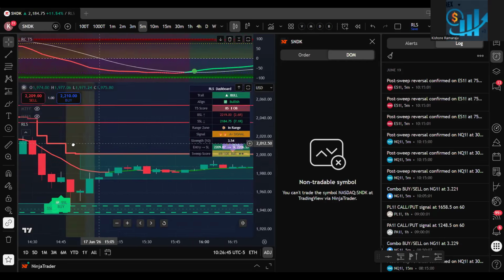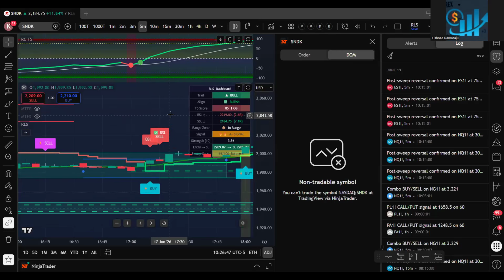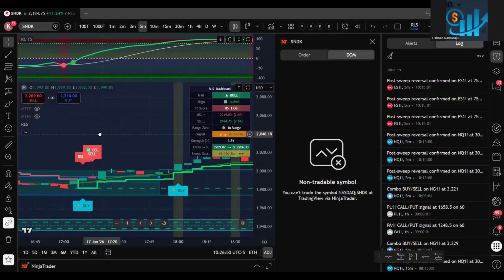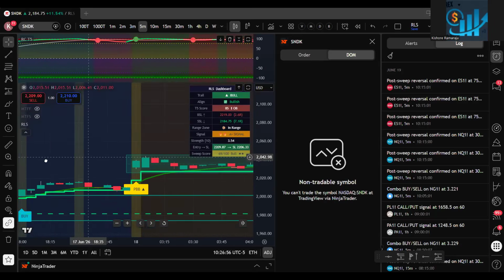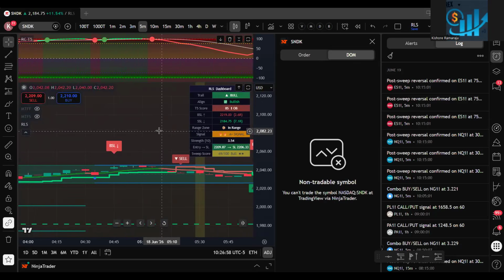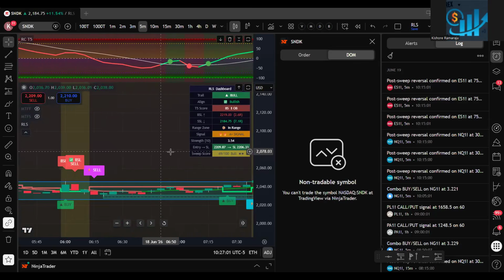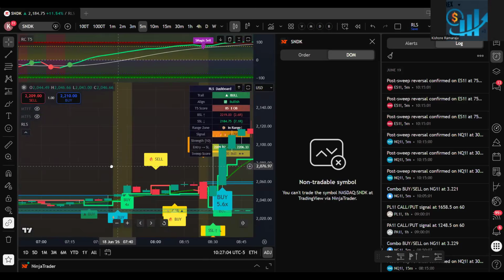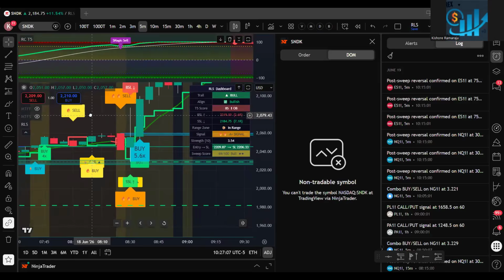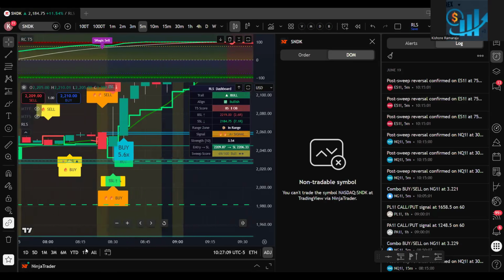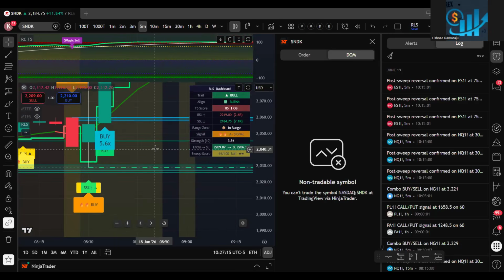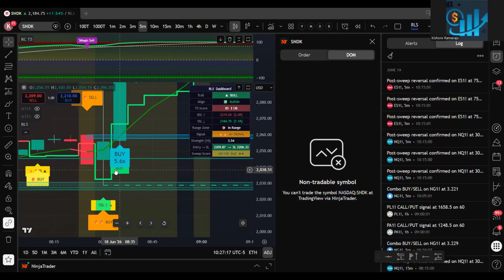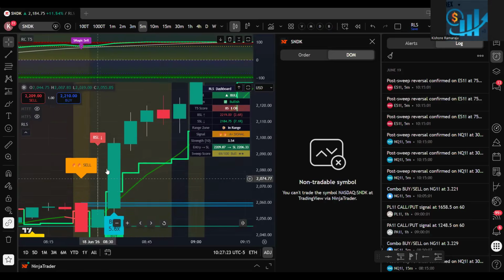SSL buy. We got SSL here. The next one is SSL buy. We have a green candle followed by another green candle.